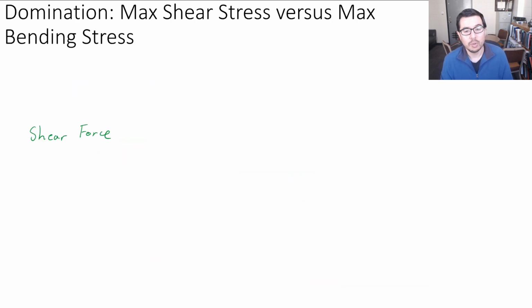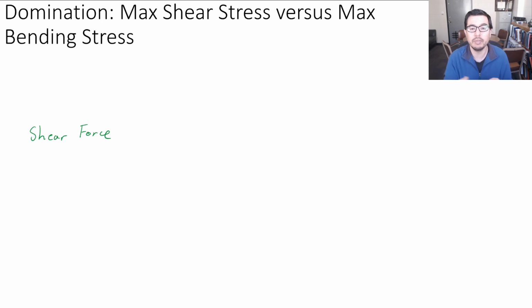Okay, so here's a question that's similar to the one that we asked at the end of the first portion of this session, which had to do with how the average shear stress compares to half of the maximum bending stress. Now we're not going to do half.